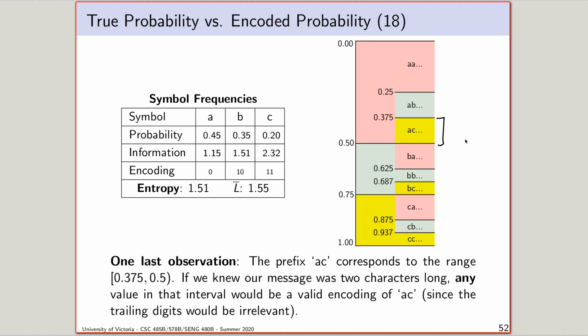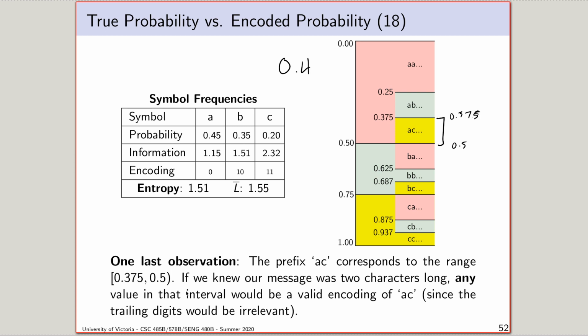Well, it depends what base you're using. But if I were sending you a message in base 10, I would send you 0.4, because it's somewhere in this range, which goes from 0.375 to 0.5.